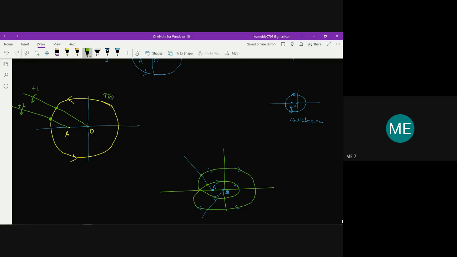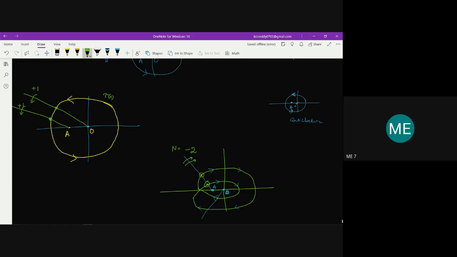See here what the direction is. It is in a clockwise direction, and this point is also in clockwise direction, and this point is also in clockwise direction. So you got 2 directions, and that is clockwise direction, minus. How many are there? 2 arrows are there, so it is encircled by 2, and the number of encirclements will become -2.